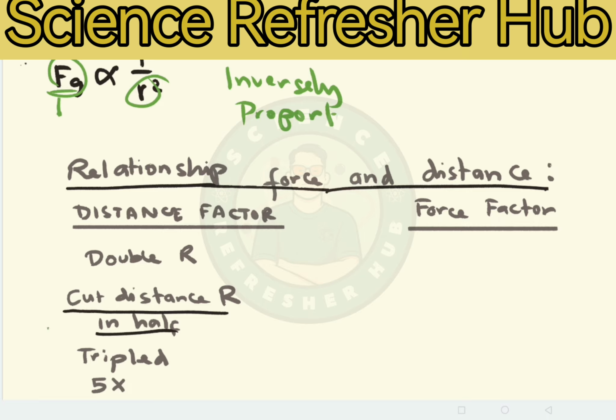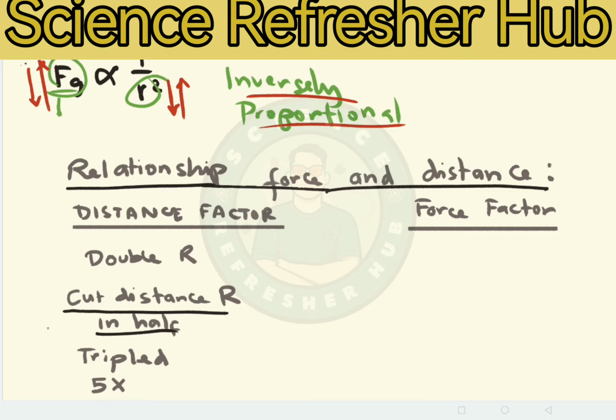The relationship between the distance and the force is inversely proportional. Meaning to say, if our radius becomes larger and larger, it will have an opposite or inverse effect on our gravitational force. It will become weaker and weaker. If we have a shorter radius, our gravitational force will become stronger and stronger. So that's inverse, the opposite.